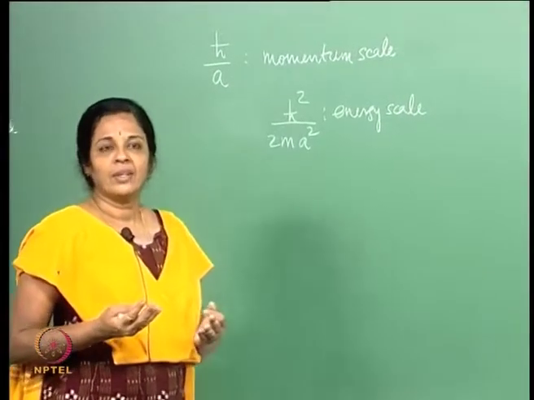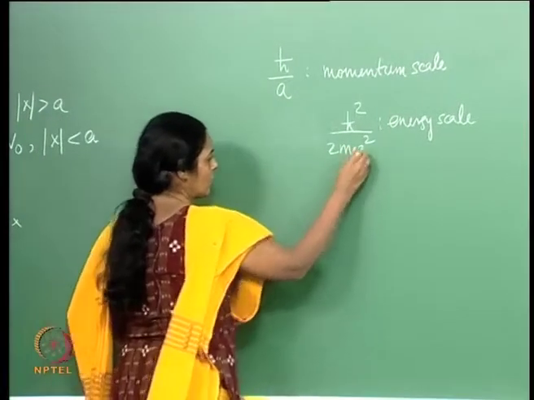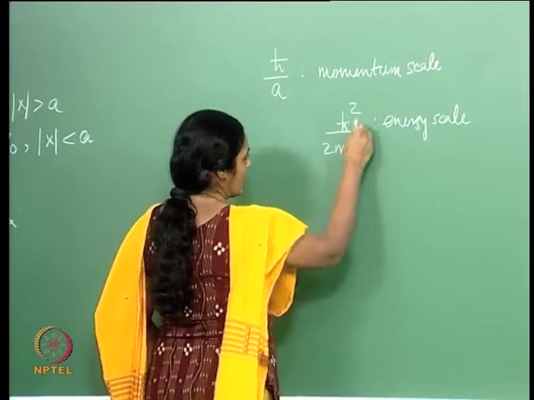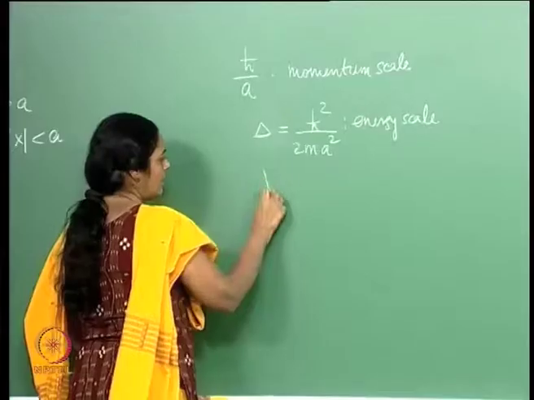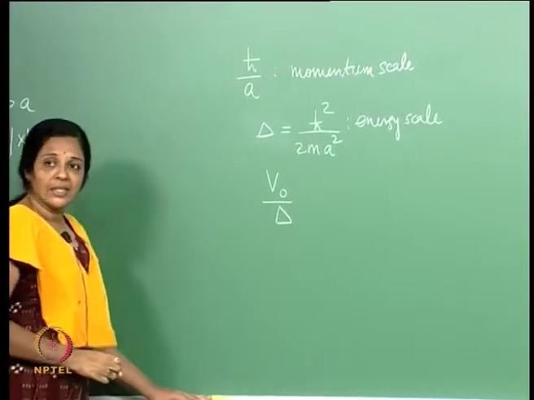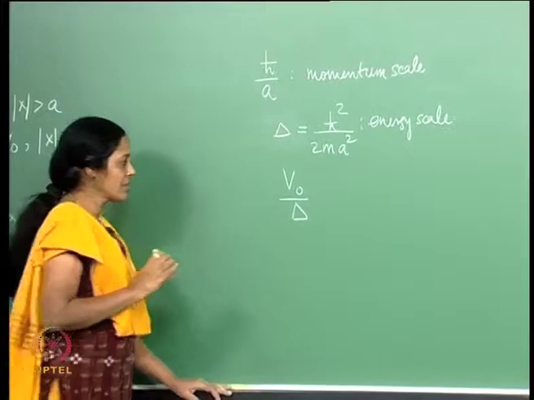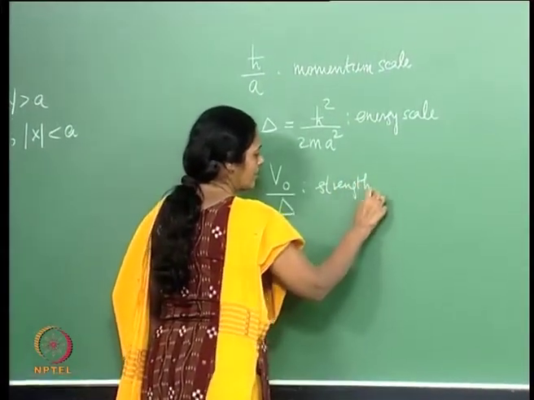To begin with, I can talk of the strength of the potential. So if I call this object h cross squared by 2ma squared as delta, my potential is V naught. V naught by delta has no dimensions, and V naught by delta will tell me the strength of the potential.